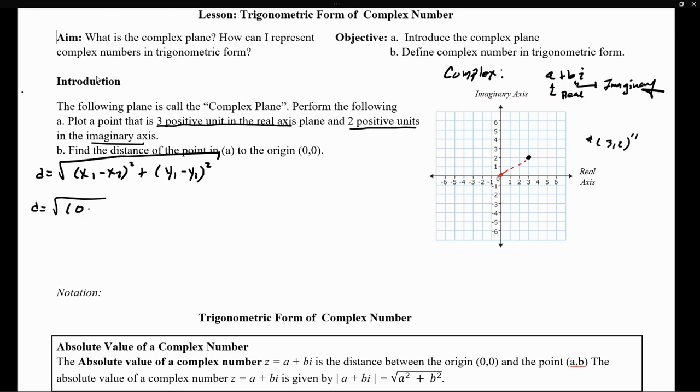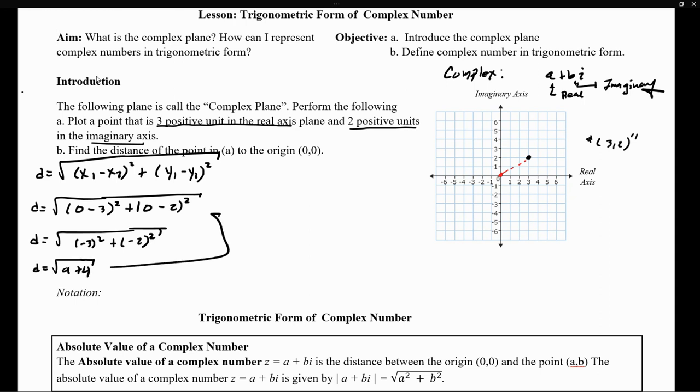We're going to have 0 minus 3 squared plus 0 minus 2 squared. That's just negative 3 to the second plus negative 2 to the second. So now that will be 9 and 4. So now the distance is the square root of 13.